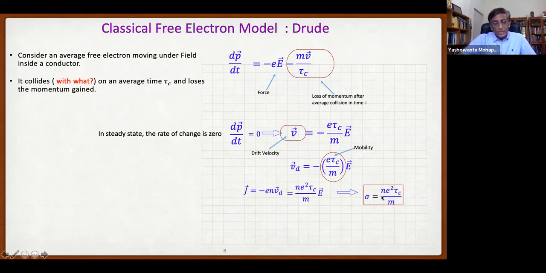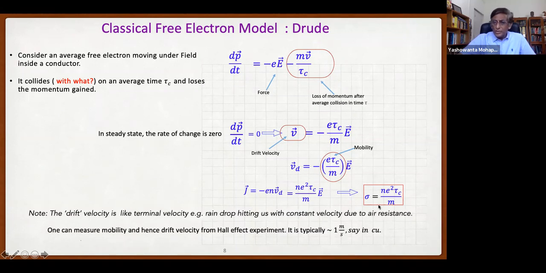This is the simplest possible model for the conductivity of a conductor. It's in terms of the electron concentration and one theoretical parameter called the collision time, but as I said, tau can be measured, and both n and mobility can be measured through the Hall effect experiment, and that gives my sigma.